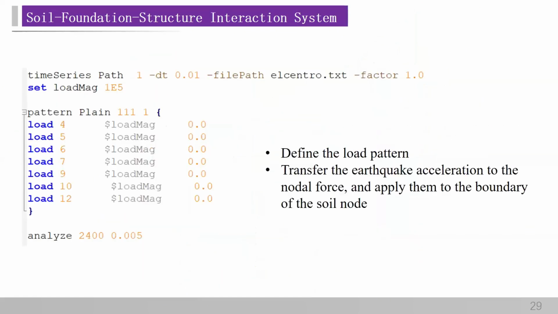We should also notice that when we use the artificial boundary here, we cannot apply the earthquake acceleration to the base of the SSI system directly; you have to convert the acceleration to force and apply it to the boundary node. Firstly, we define a time series which stores the earthquake acceleration, and then define a load pattern with the tag 111.